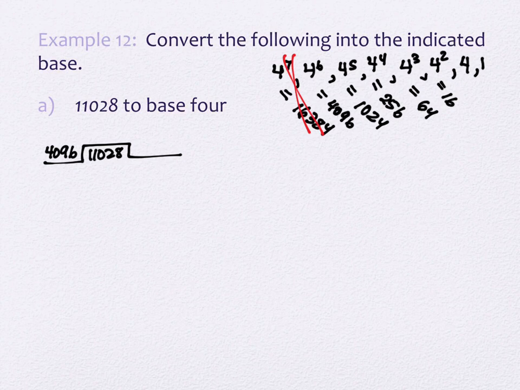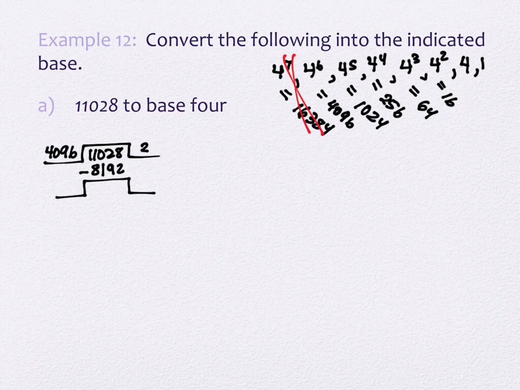So how many times does 4096 go into 11,028? It goes in 2 times. What is 2 times 4096? And then we're going to subtract.